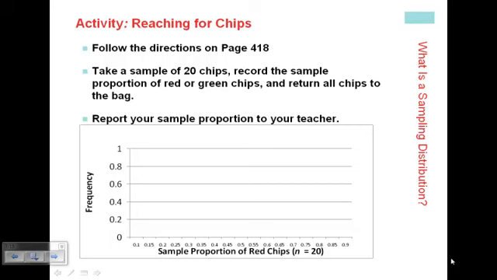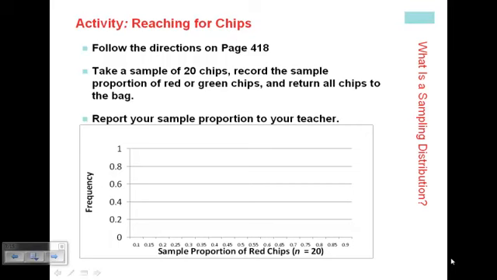All right, so here's the idea. For each desk, I want you all in pairs.